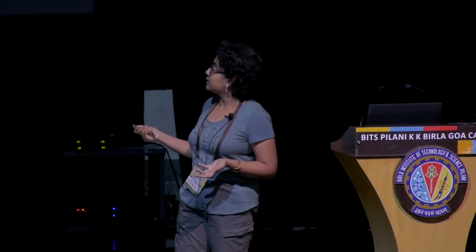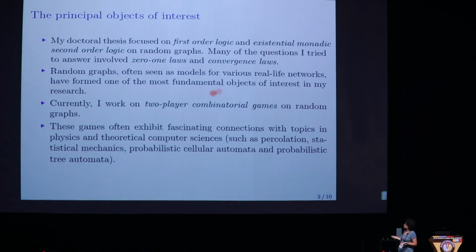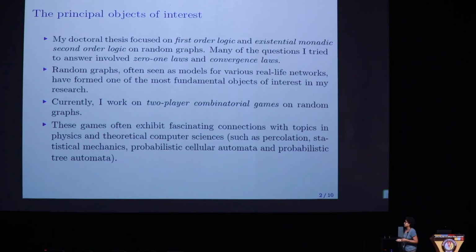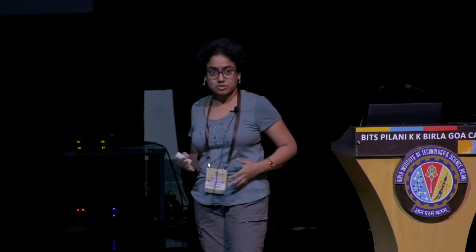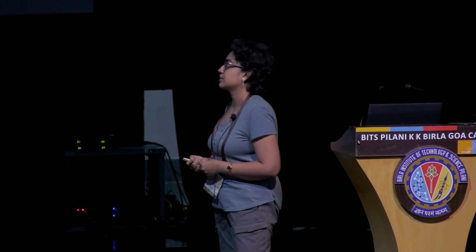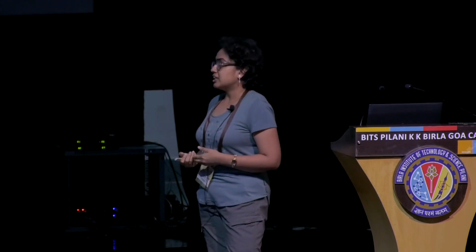I do try some of these angles. One of my favorites is working on two-player combinatorial games on random graphs. Because I'm very interested in combinatorics, they are interesting by themselves, trying to understand both strategies as well as probabilities, because we are playing these games on random graphs, so there is always probability involved in all the questions I address.